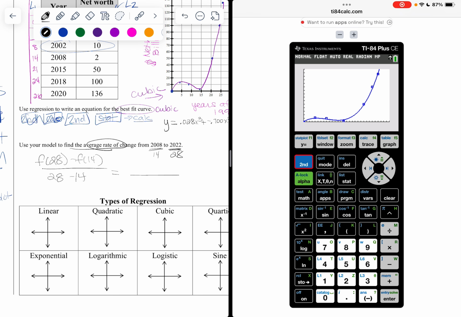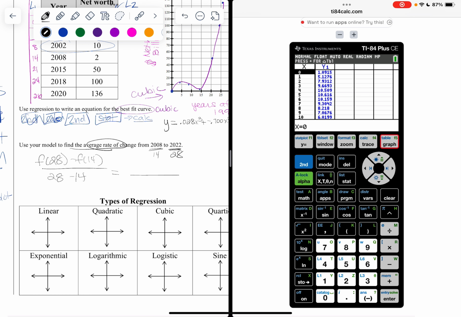So we're going to go back to the table. So second table, here's my function, and I'm going to look up, hey, what's my value when x is 28? Okay, so I get f of 28 is 194.97. Okay, and we're going to subtract f of 14. So if I look at those values, when x is 14, y is 6.1934. Okay, and then we know 28 minus 14 is 14.